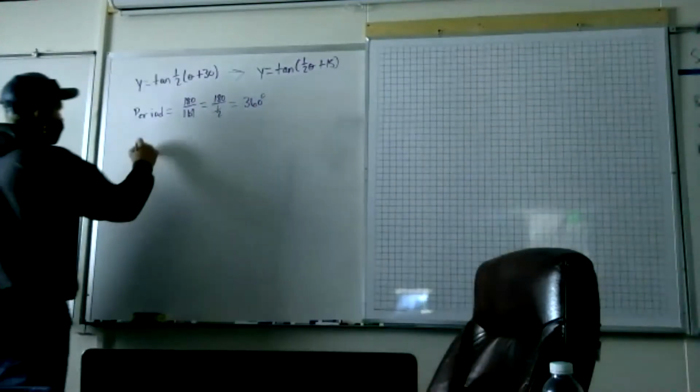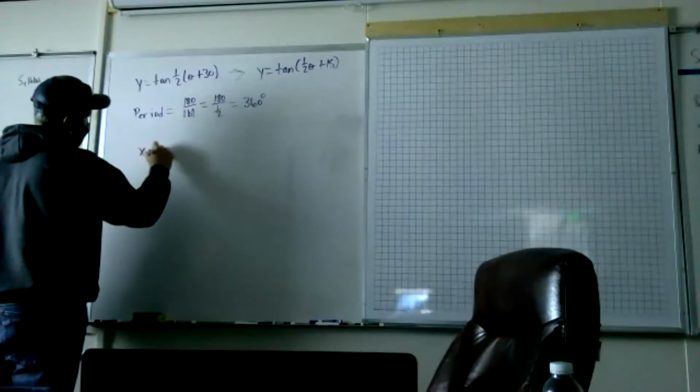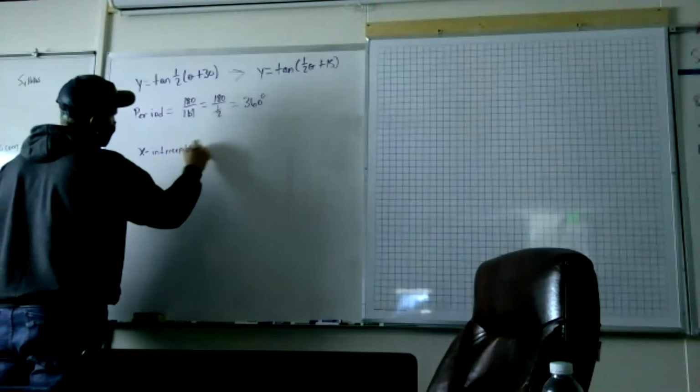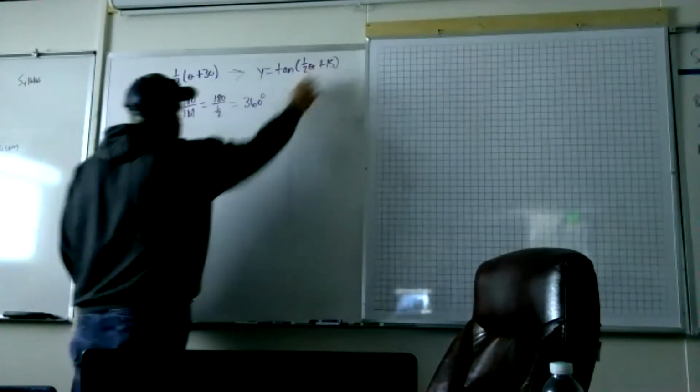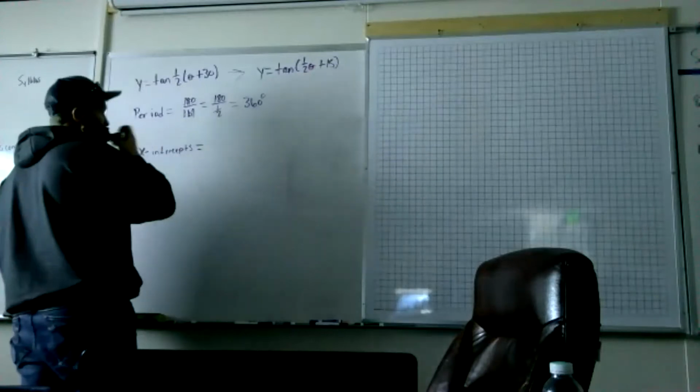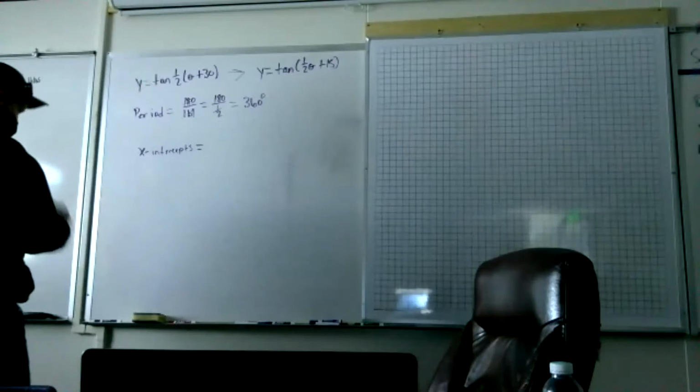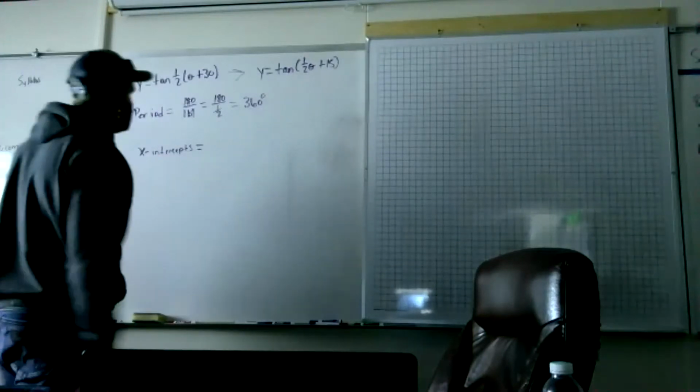Okay, my x-intercepts. If I take what's on the inside of my parentheses and set it equal to 0, because the original function of tangent crosses through the origin, that's the first x-intercept.